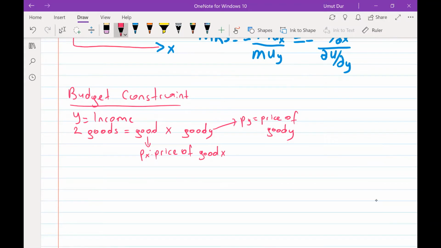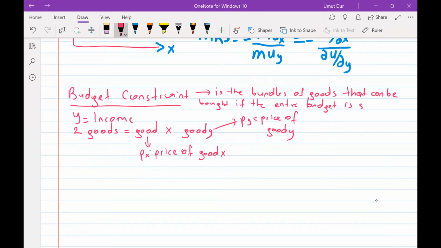Then we can write the budget constraint. It is basically the bundles of goods that can be bought if the entire budget is spent on those goods at given price.